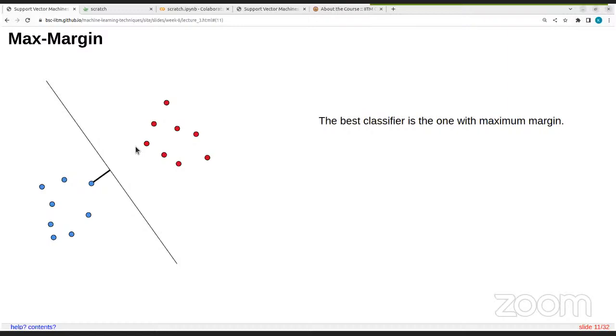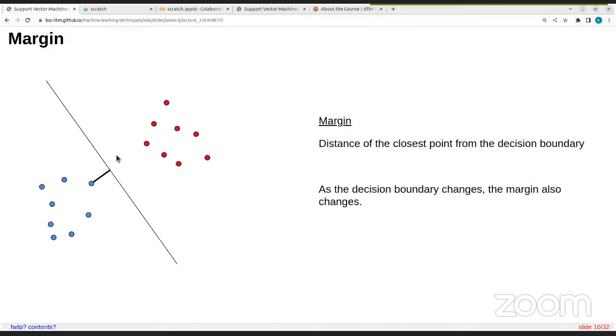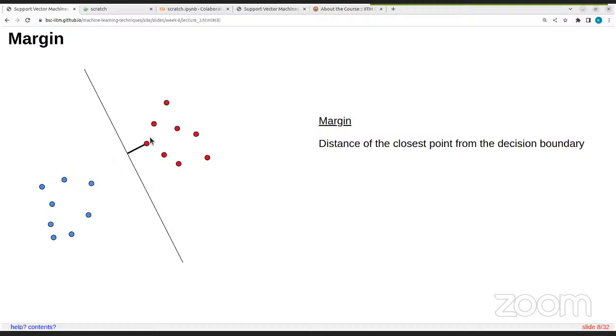See here, this distance is the margin. In my attempt to maximize this, I will try to move away from this particular point, which will take me very close to this point, right? So again, I'll try to move back.